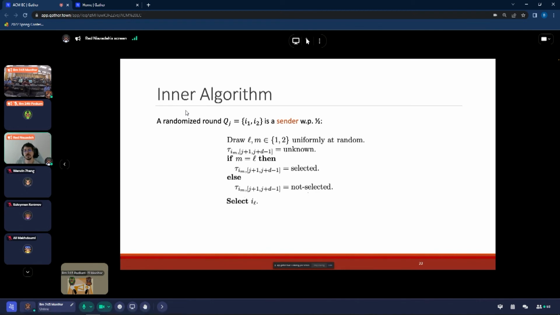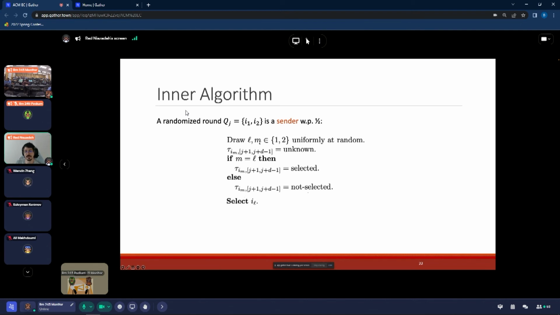Now consider a randomized run Q_j, which contains 2 vertices I_1 and I_2. A randomized run in our algorithm is a sender run with a probability of half. And in a sender run, we do the following. We pick 2 numbers, L and M, uniformly at random, and we select the vertex I_L as the result of the algorithm.